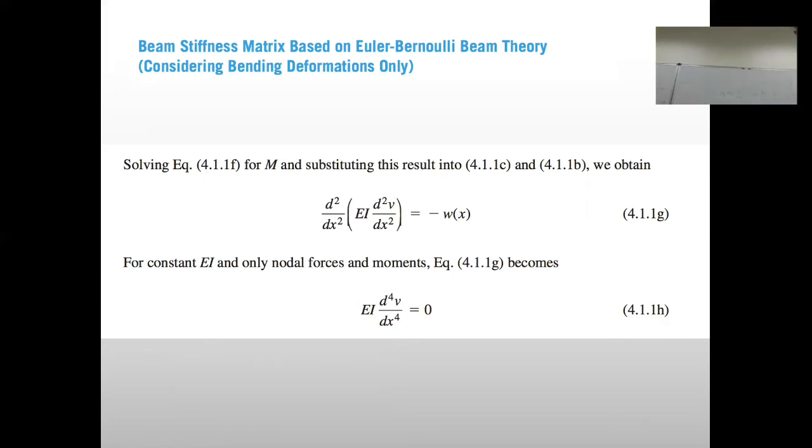Phi is only the derivative of V, so dV dx is phi. So your first thing: what is your displacement function? Should it be linear, cubic or quadratic? Depending on the load, you have to have it in general.